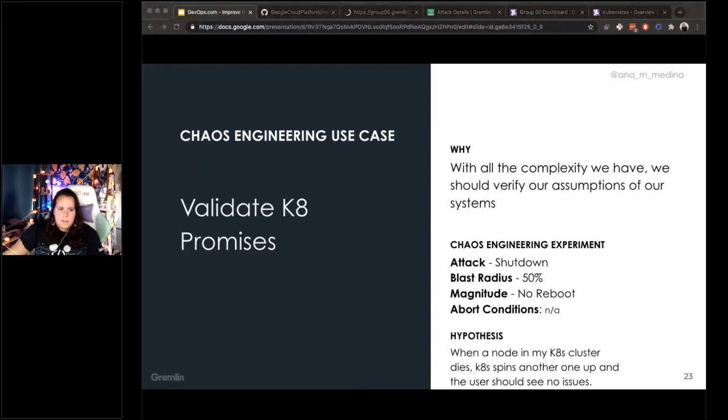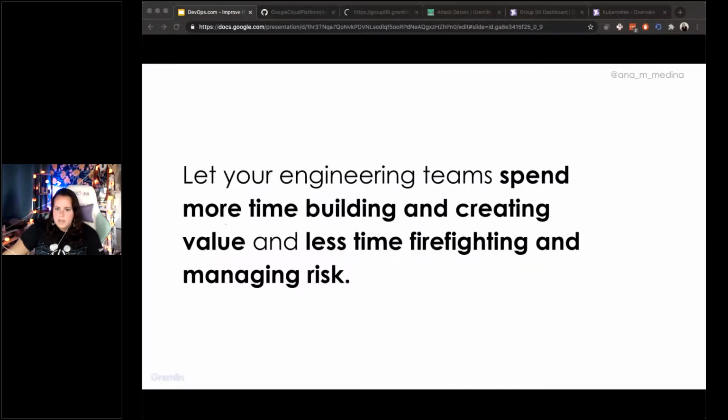But with that, I do want to take a moment to head back to slides to get a chance to close us out before Q&A. So as I went through today, you saw that we were able to start injecting a little bit of failures within our systems for us to be able to see what would happen. At the end of the day, with chaos engineering, the main purpose of it is going to be that we want to reduce the cost of downtime.